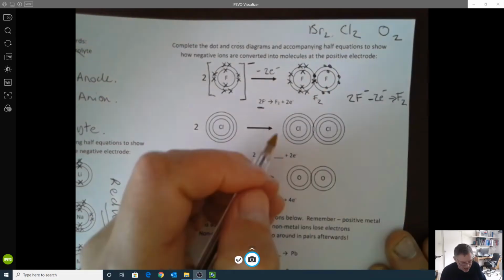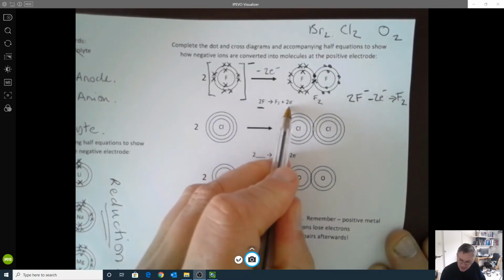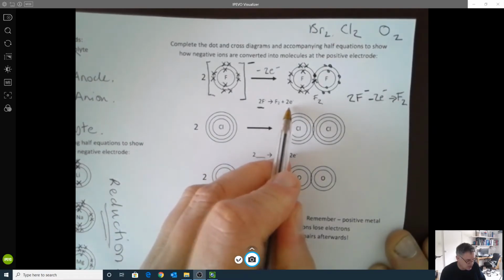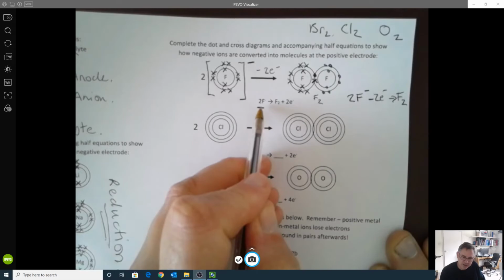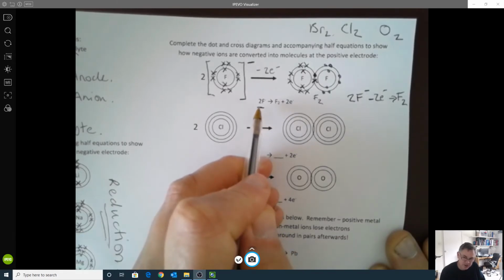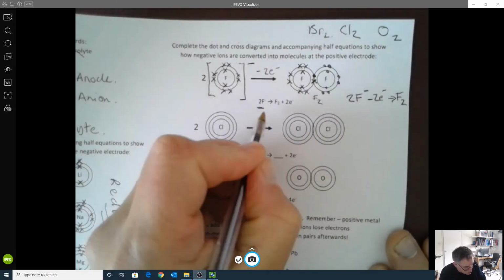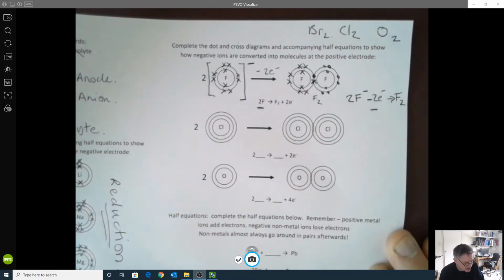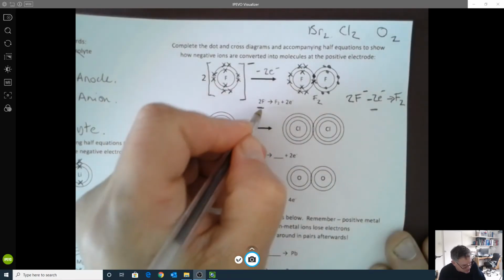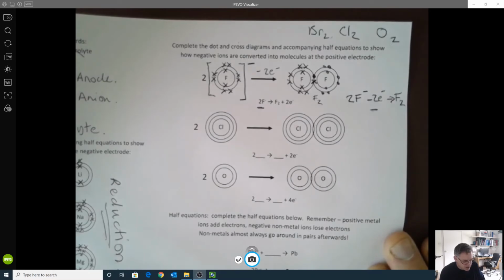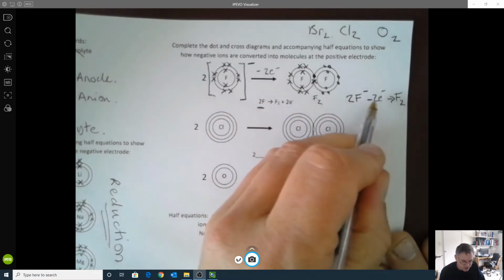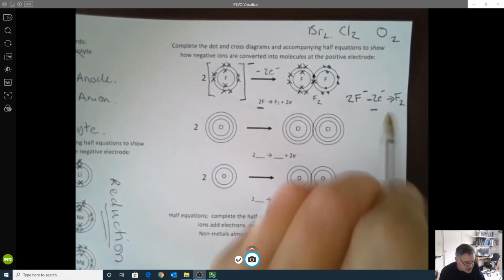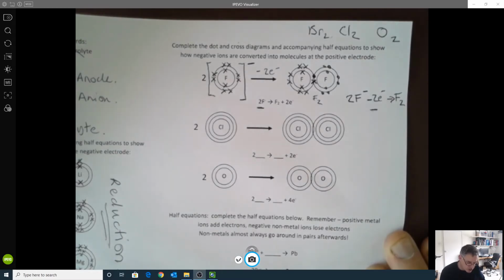It's just like in maths. If I've got plus 2 electrons on this side of the equation, it's exactly the same as having minus 2 electrons on that side of the equation. And it doesn't matter which way you write it out. Sometimes you'll see it written out like that. Sometimes you'll see it written out like that. I prefer to always keep the electrons on the left-hand side because it's easier to see whether it's been oxidized or reduced.